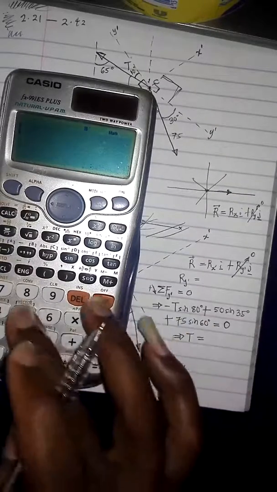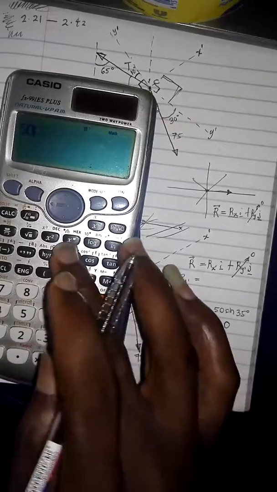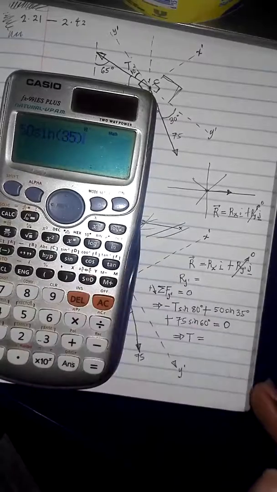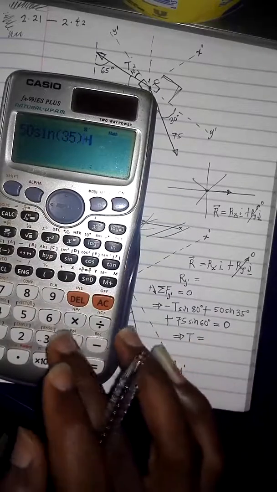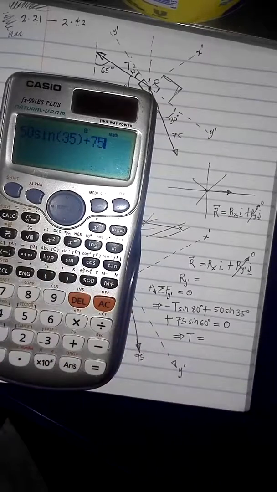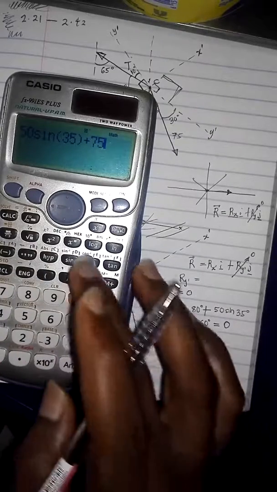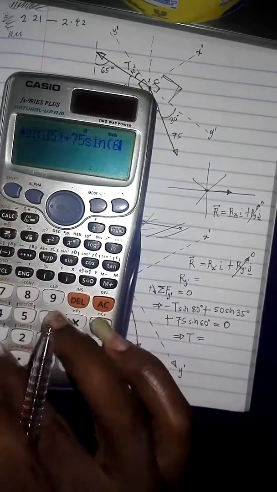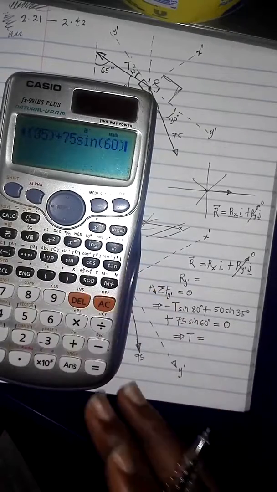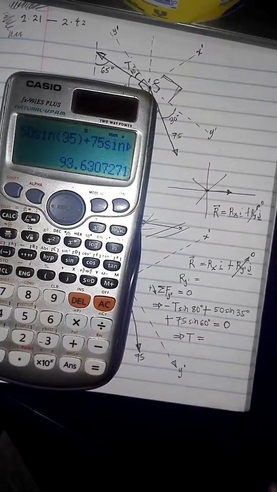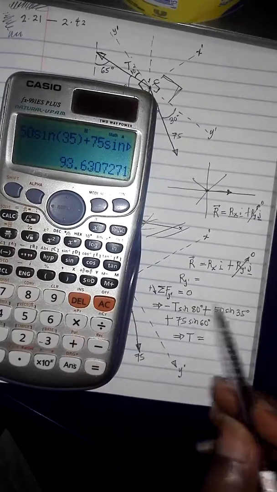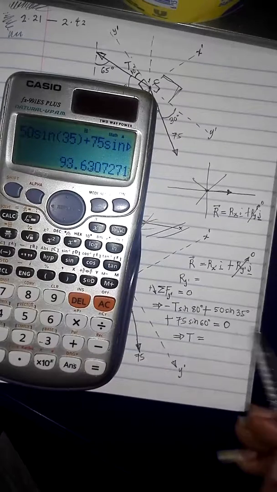So I'm going to have 50 sine 35 plus 75 sine 60 is equal to T sine 80 degrees on the other side.